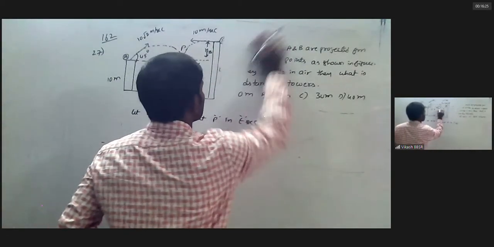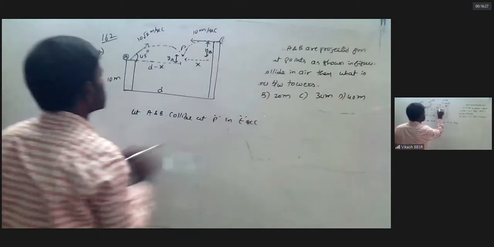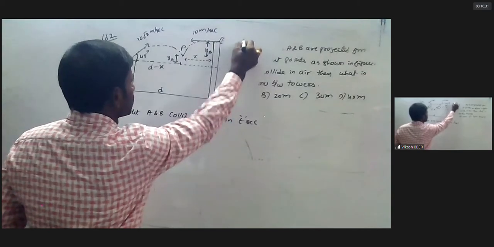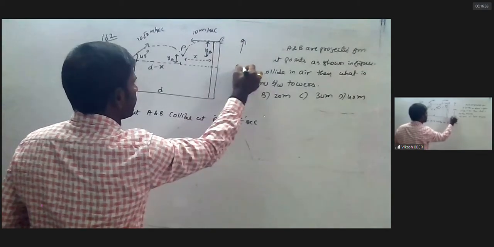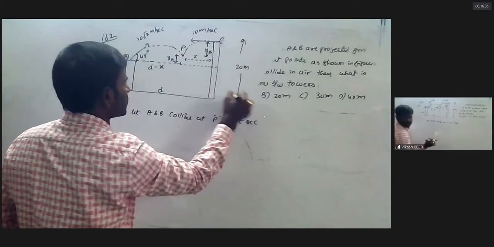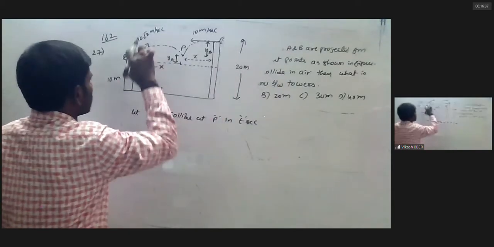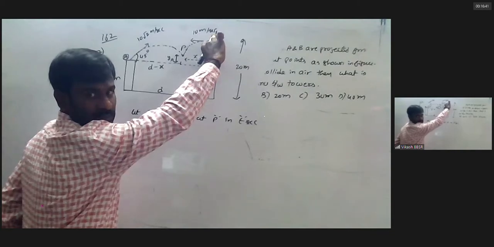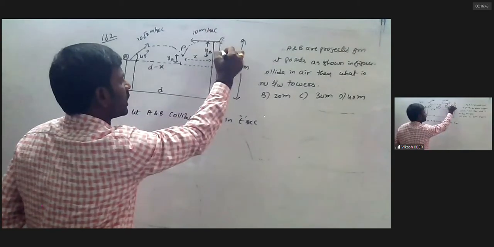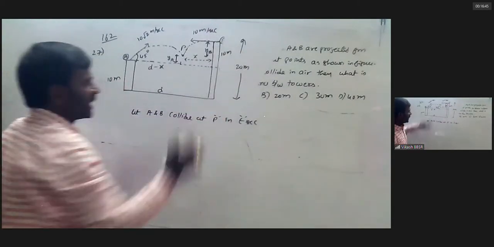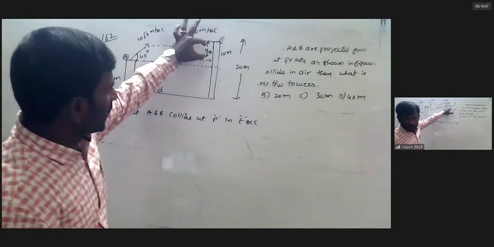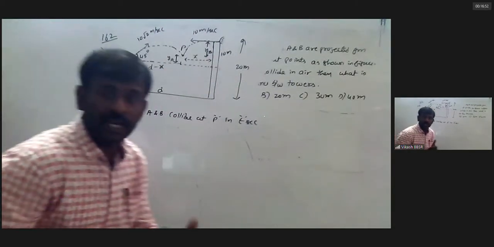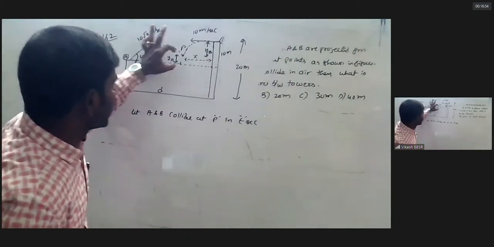Just see here. This is the part. Total given 20 meters, then what is this distance? This is already 10 gone. Then 10 only. Then what do I write? yA plus yB equal to 10. So we need to write the formulas for yA and yB.